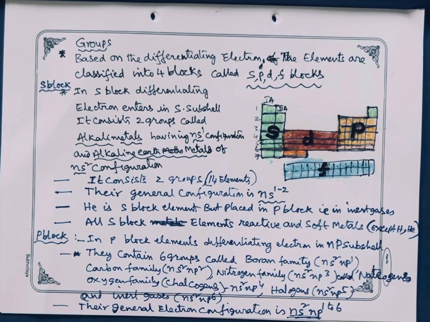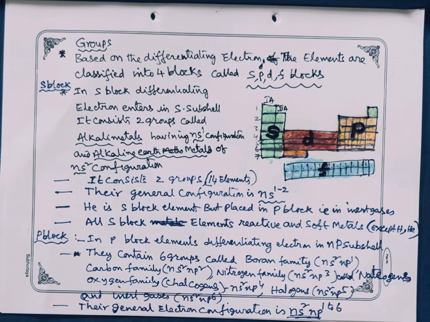The question is in which subshell the last electron enters. Suppose the last electron enters the s subshell, then that element belongs to the s block. If it enters the p subshell, the valence p subshell, then it belongs to the p block.